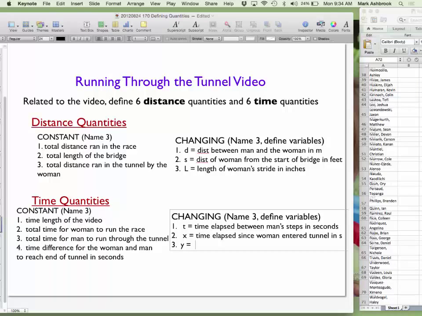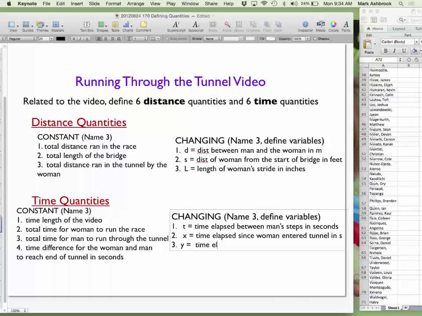Who's dying to share one? Yes, sir. Number of breaths the woman took. But that's not a time quantity. Number of breaths isn't a time quantity. But yeah, that would be a changing quantity that's specific. But who's got a time quantity? Yeah.